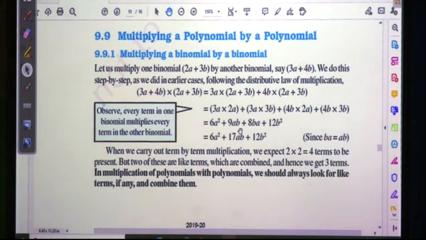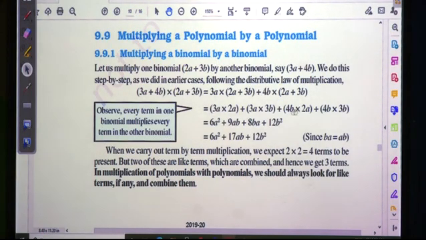What I said? That ab and ba are one and the same. So, 9 plus 8, 17 ab plus 12 b square. Here it is explained, since ba is equal to ab. One more thing they have said, observe every term in one binomial multiplies every term in another binomial.